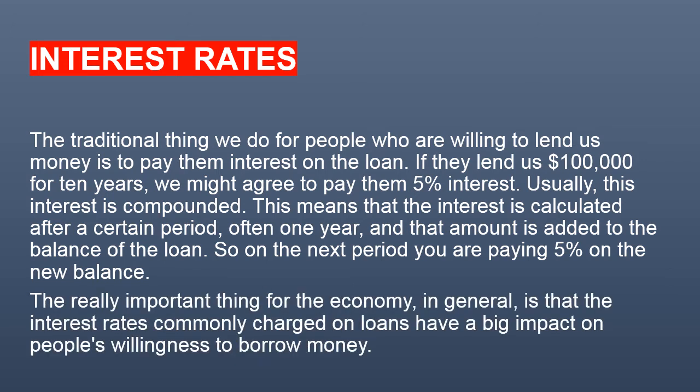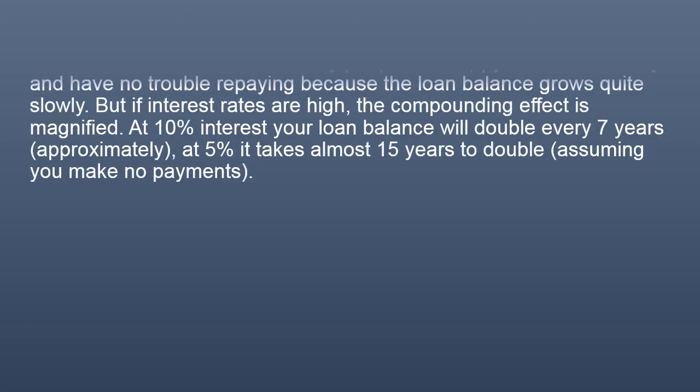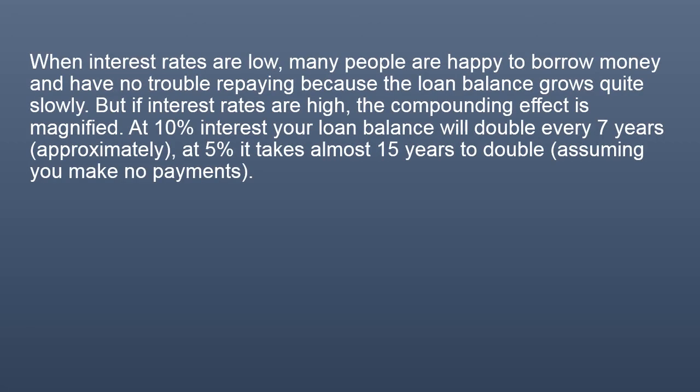The really important thing for the economy in general is that interest rates commonly charged on loans have a big impact on people's willingness to borrow money. When interest rates are low, many people are happy to borrow money and have no trouble repaying because the loan balance grows quite slowly.